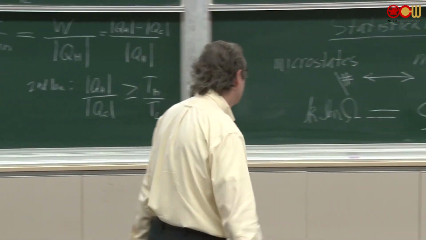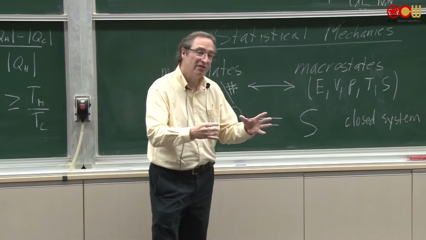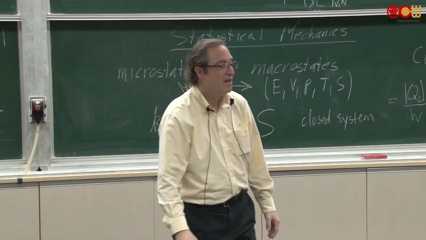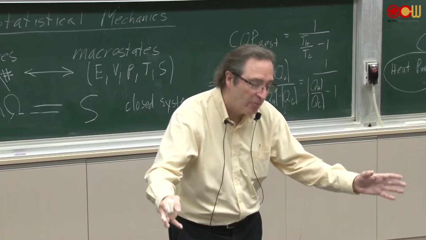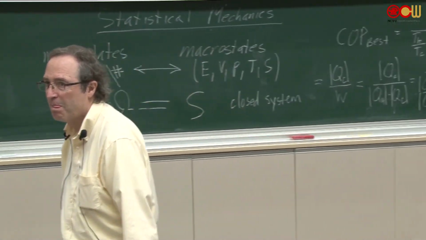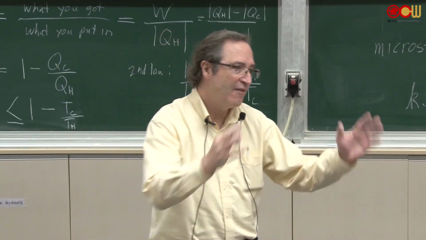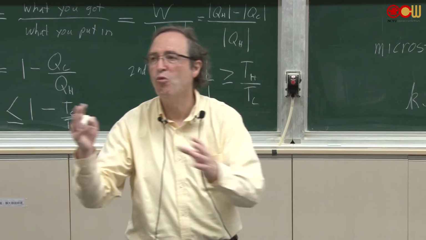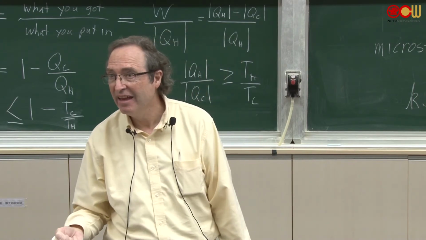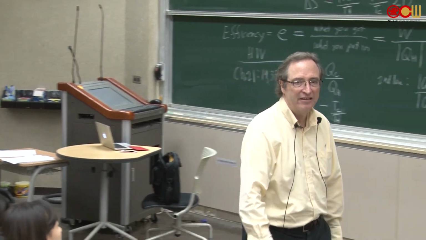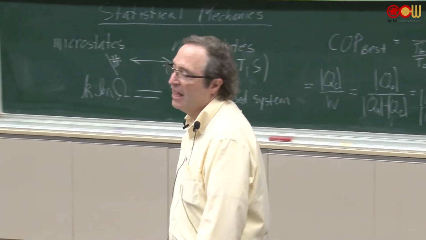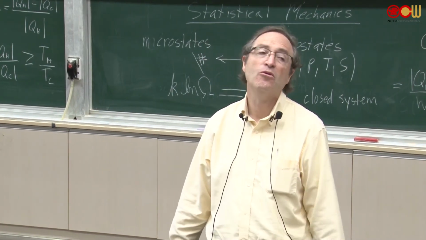The other reason is that if I have two systems, a bunch of microstates over here and a bunch of microstates over here, I want the entropy for the sum to be the sum of the two entropies. Well, if I have x microstates here and y microstates here, the total number of microstates is xy, and the log of xy is log x plus log y. So that makes sure that the entropy is extensive in the way we want.